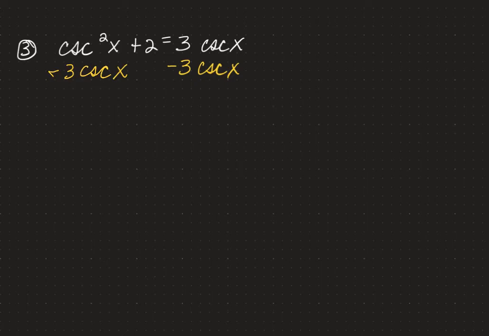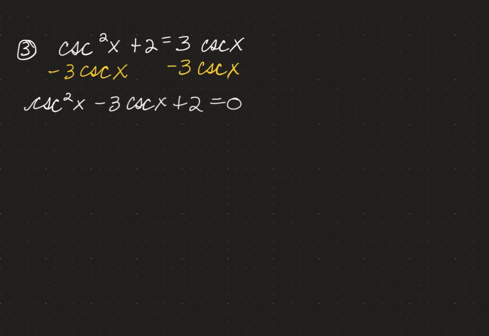Not because it's going to disappear or add to be 0 or anything. Well, it will add to be 0 on the right-hand side, but because it gives you something very interesting on the left-hand side. You have cosecant squared of x minus 3 cosecant of x plus 2 equals 0.